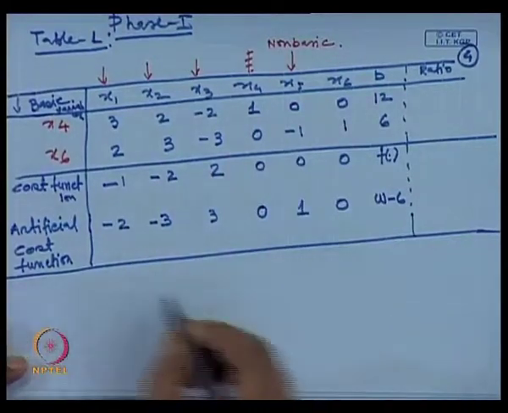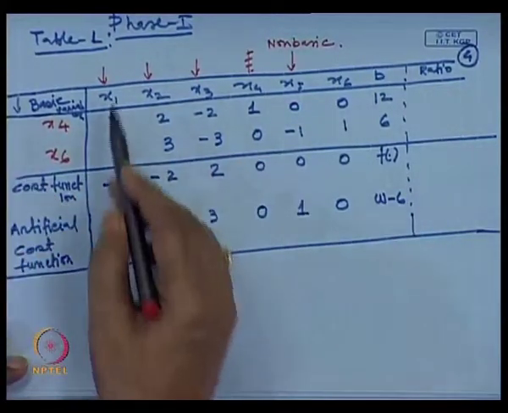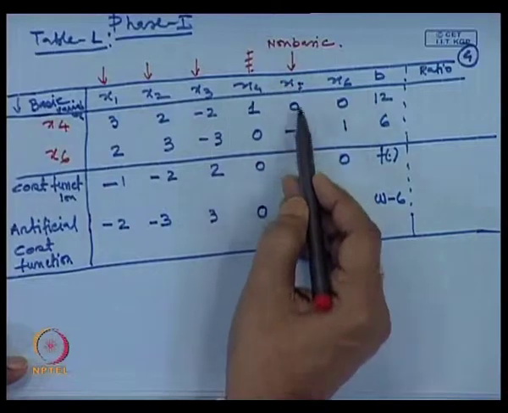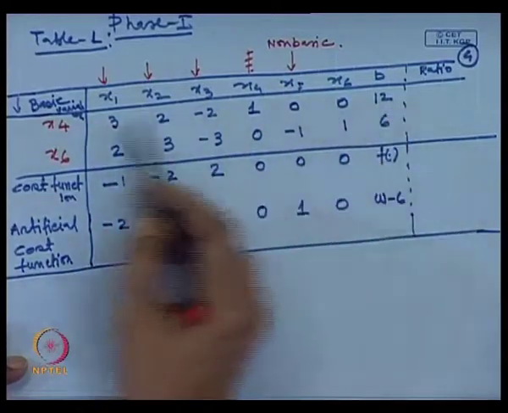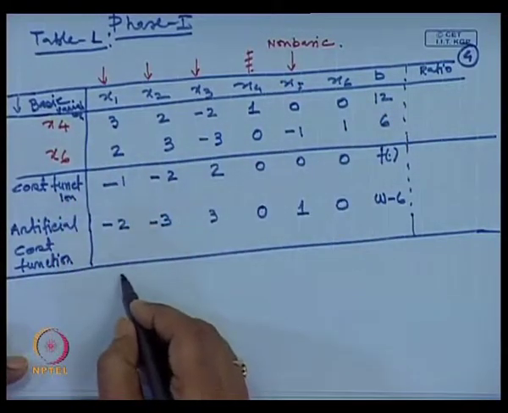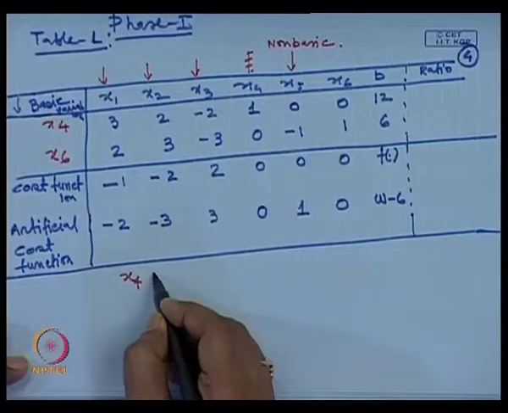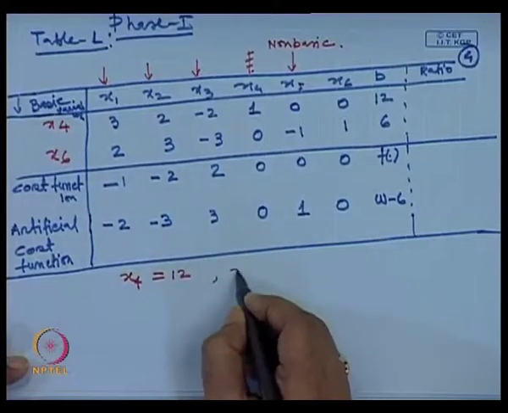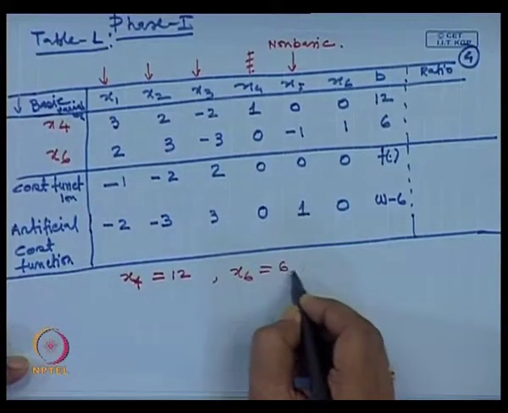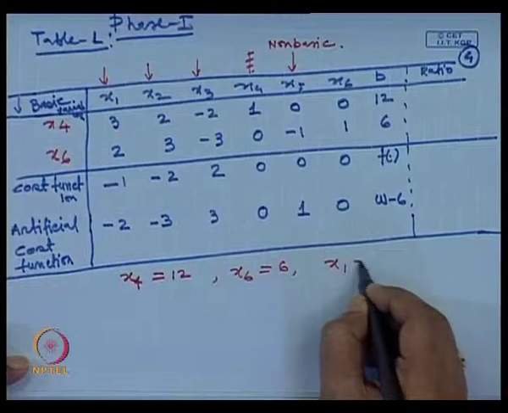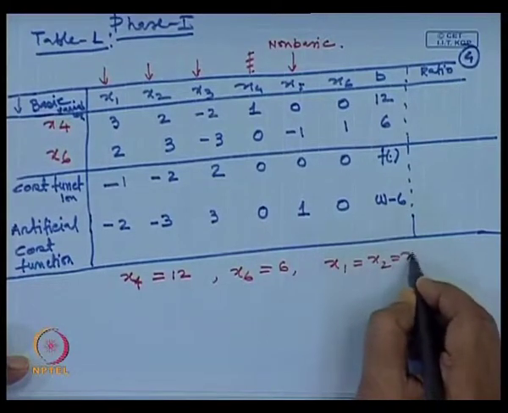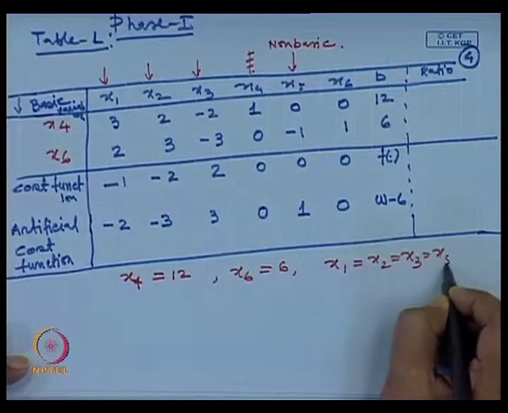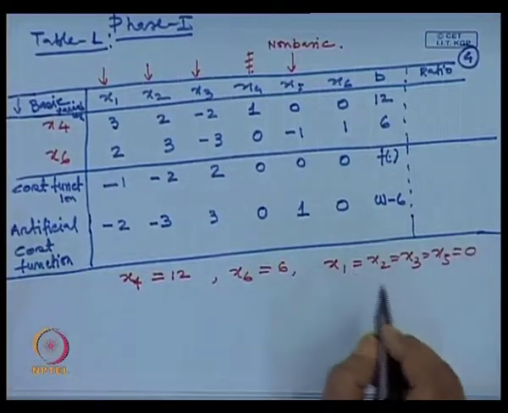Now, you ask what is the basic variables' value? Immediately, because non basic variable value is 0. So, if you see this equation number 1, immediately you will get x 4 is equal to 12, agree, and x 6 is equal to 6, and the remaining x 1 is equal to x 2 is equal to x 3 is equal to x 5 is equal to 0, agree.